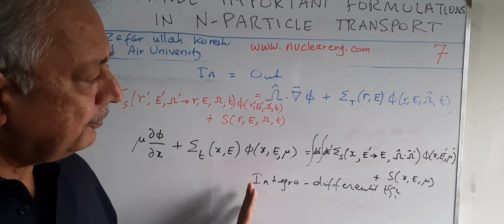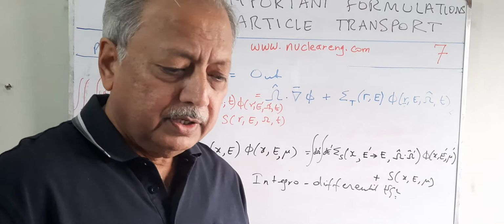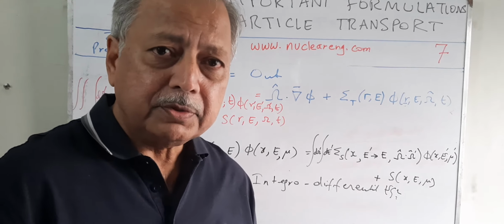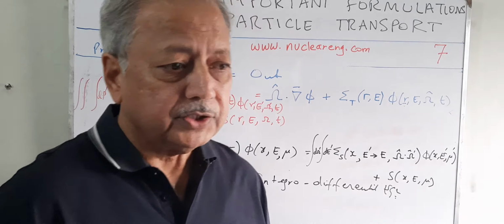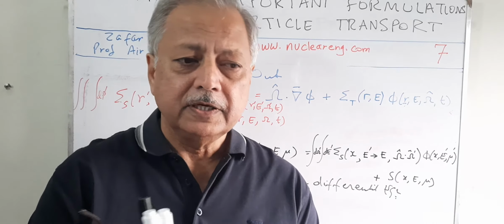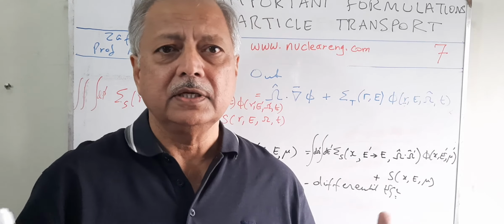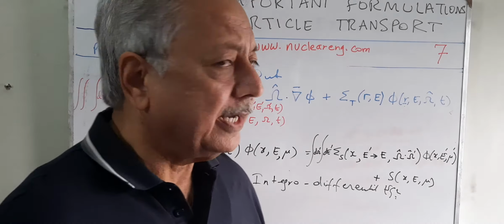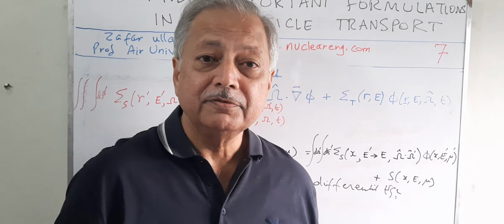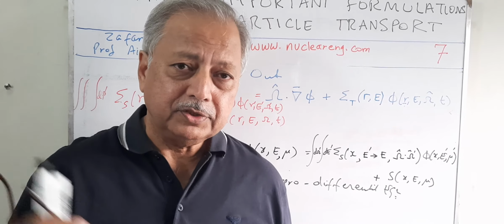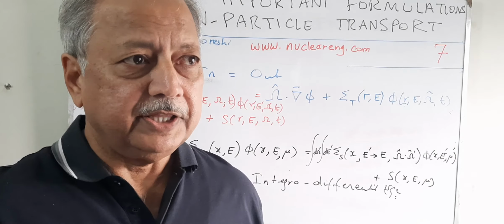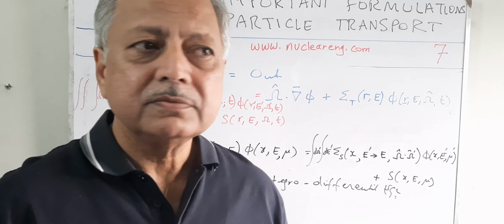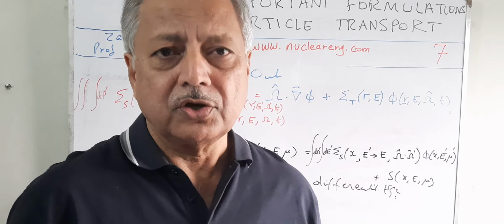So Wiener-Hopf solved this equation for very simplified conditions such as infinite space, semi-infinite space, finite, not so simple, and I've not even put the fission term in as yet. So when I put the fission term in this, you'll see that this thing becomes just not solvable.